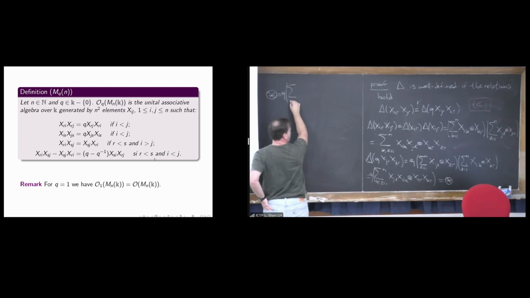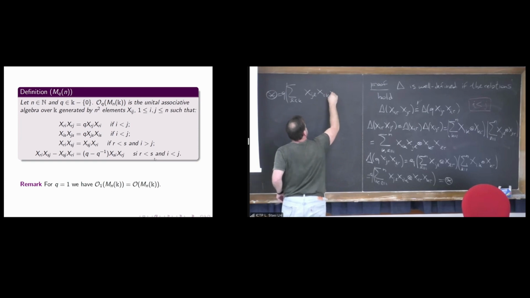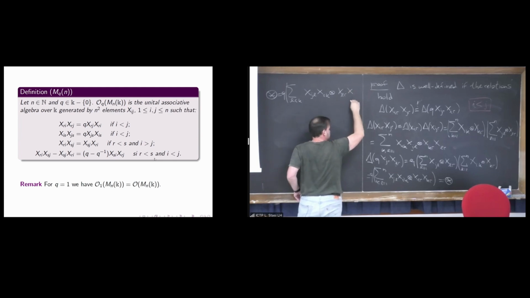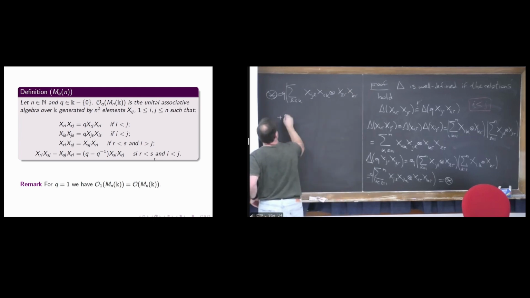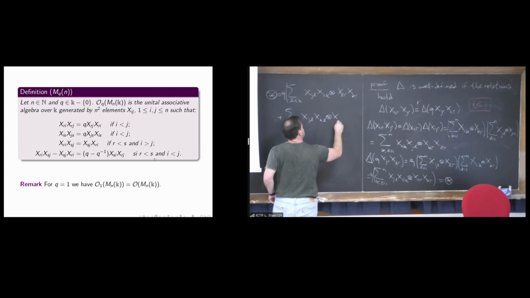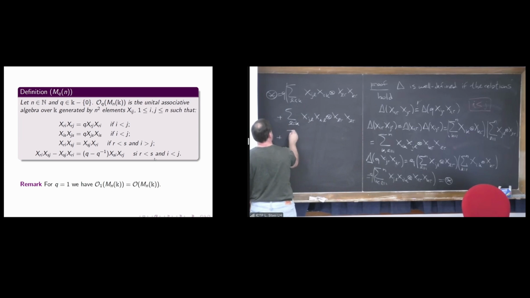So first we assume that L is less than k, okay? And we write this. Plus the sum when they are equal, plus the sum when L is bigger than k.